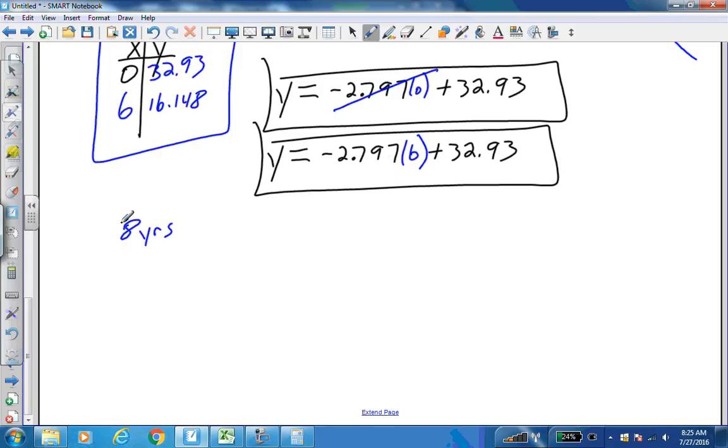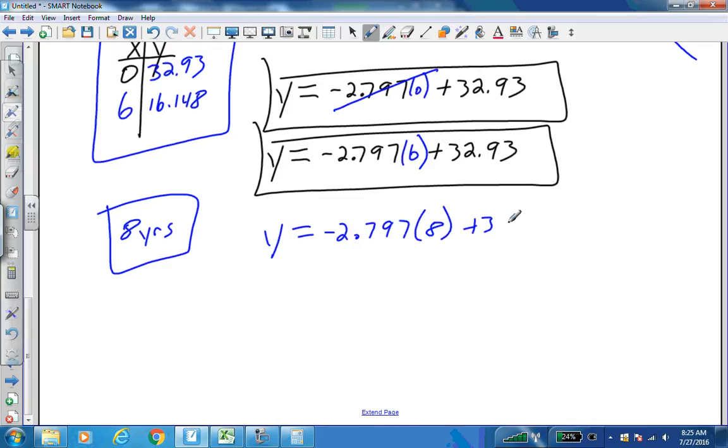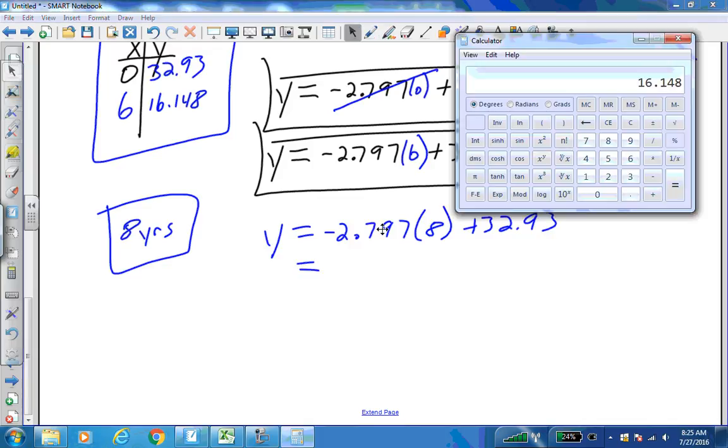That's the X value. So we replace X with 8. So we do our slope times 8. So negative 2.797 times 8. And then add our y-intercept.